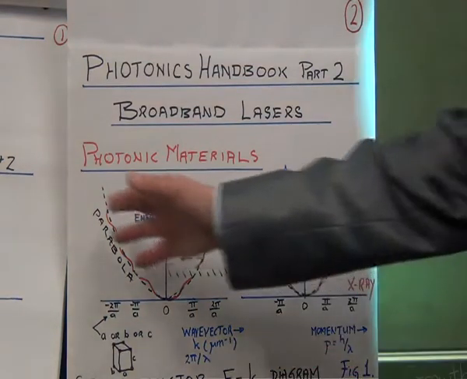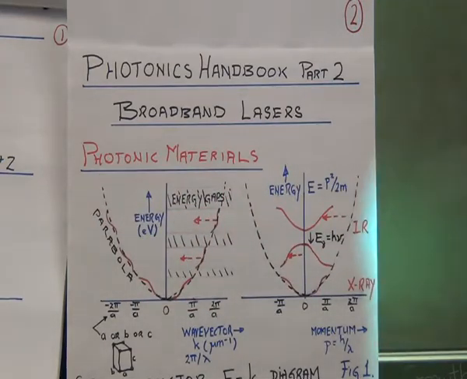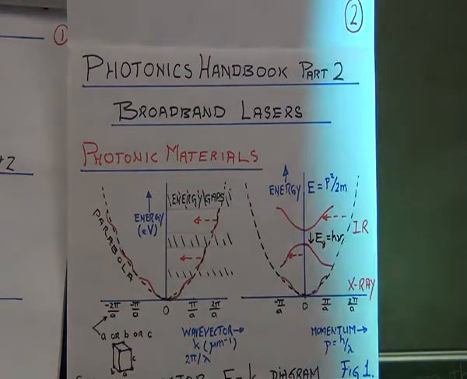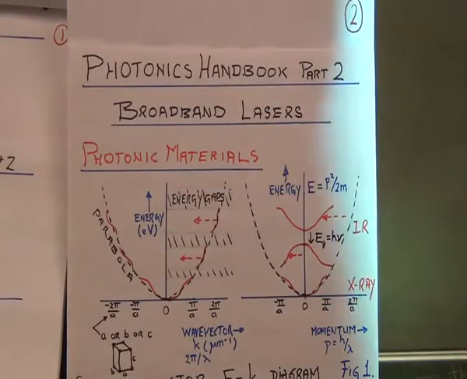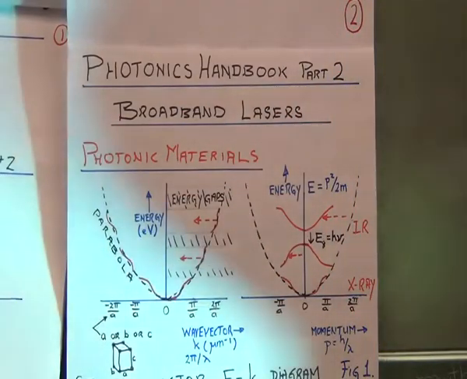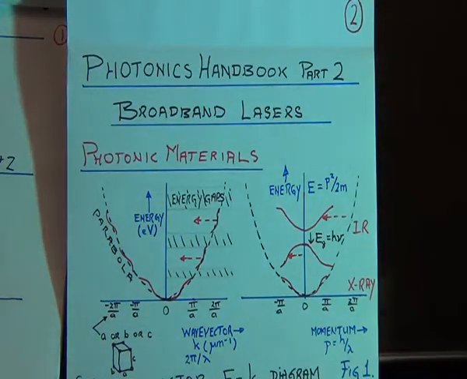So the actual band diagram looks a bit unsymmetrical, but that's only because you're compressing more information into the one diagram. You're putting a different crystal direction on the left-hand side to the right-hand side. Otherwise, it would look symmetrical all the time. Okay?